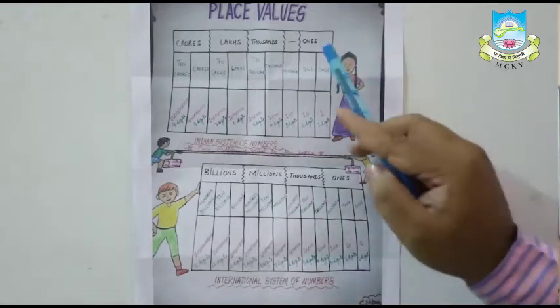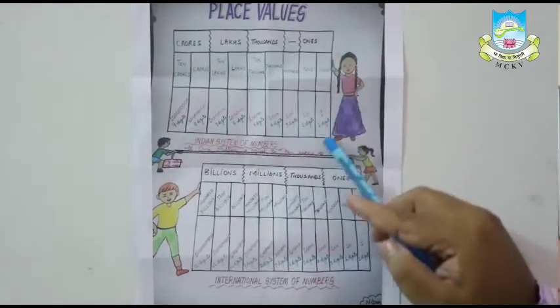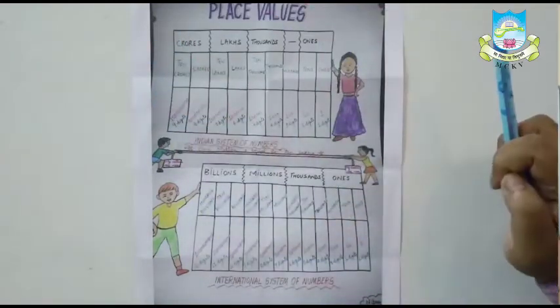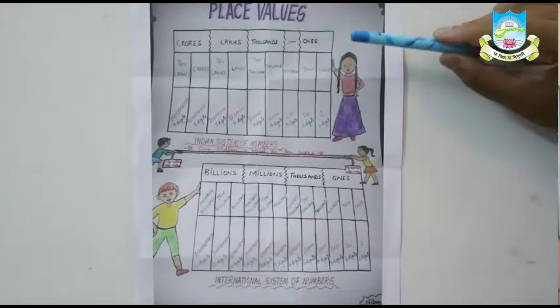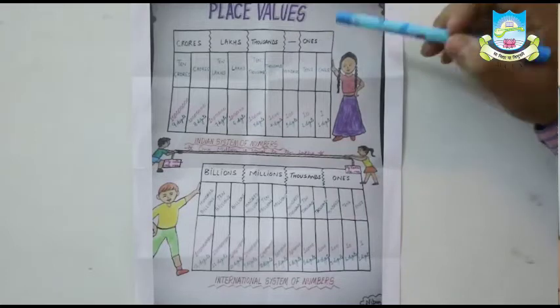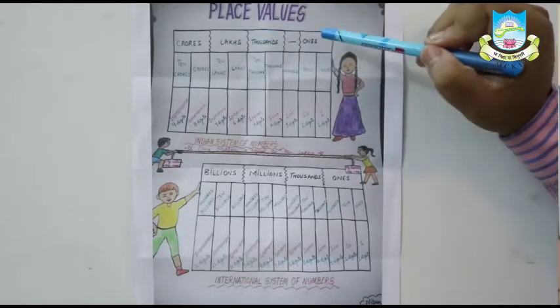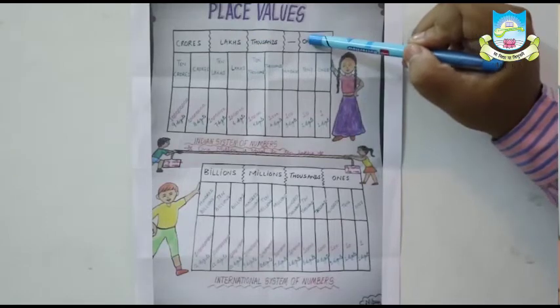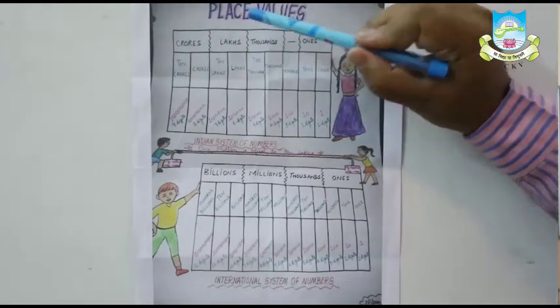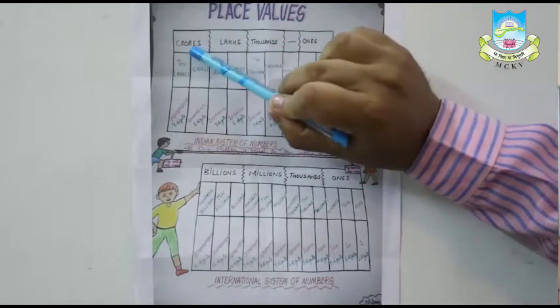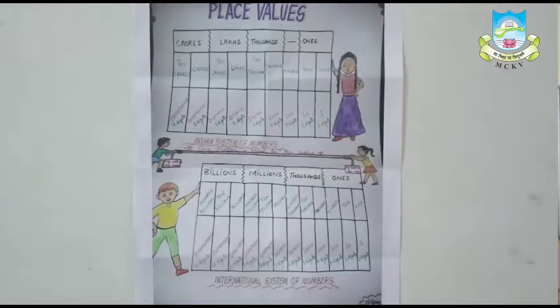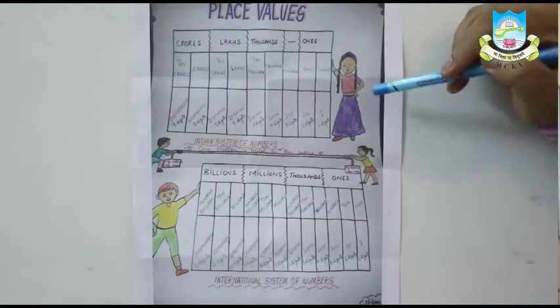So we can draw a place value chart according to the Indian number system, and as you can see, the Indian number system is segregated into four groups: the ones group, thousands group, lakhs group, and crores group. Now I was telling you the example of the number 1.